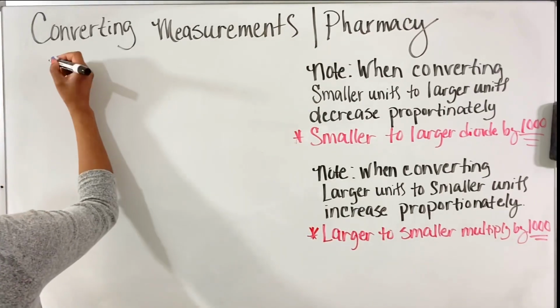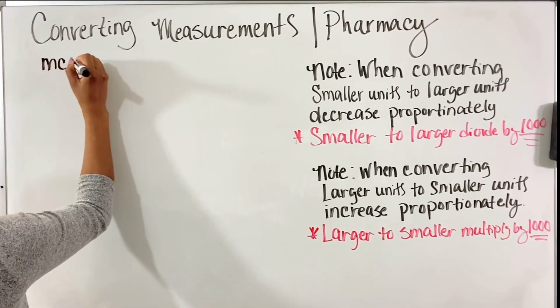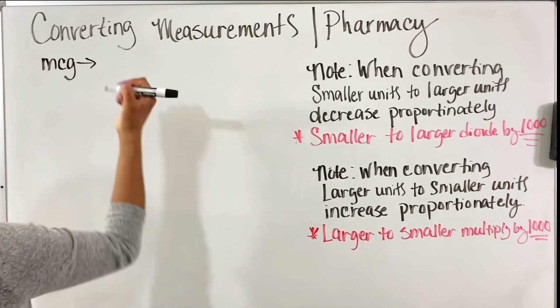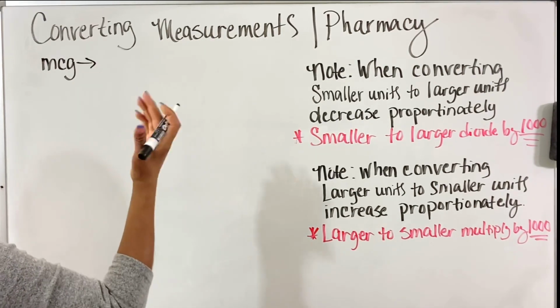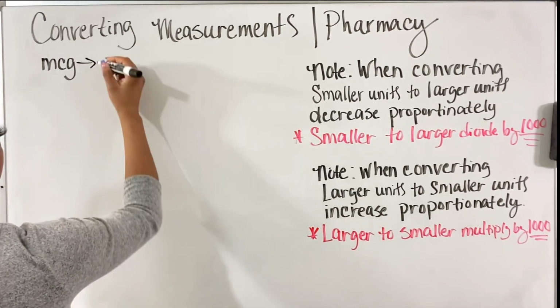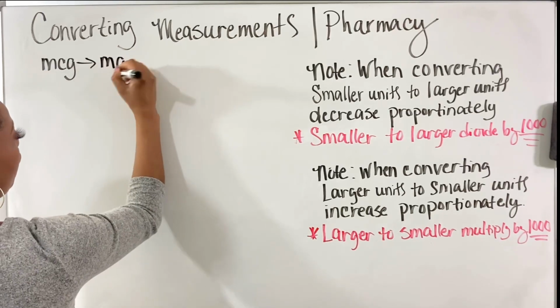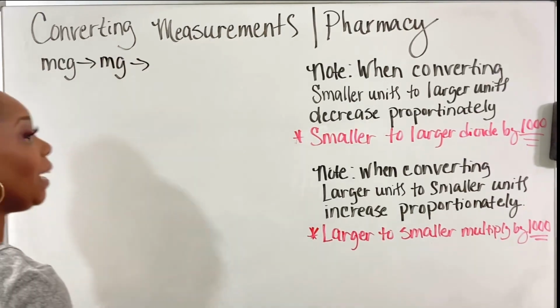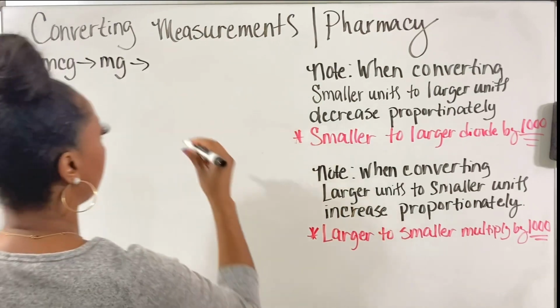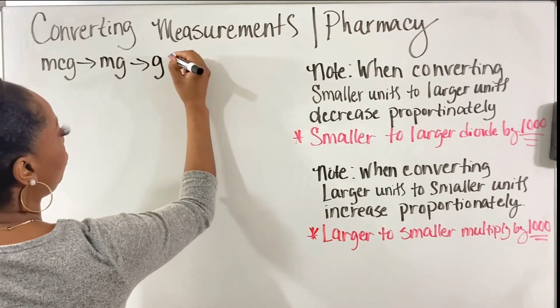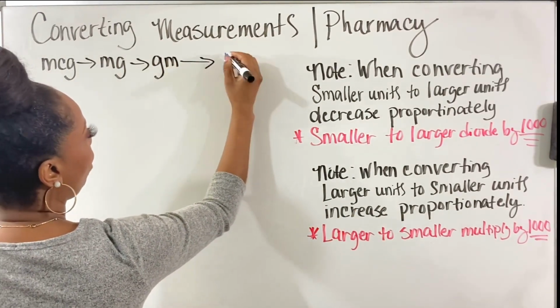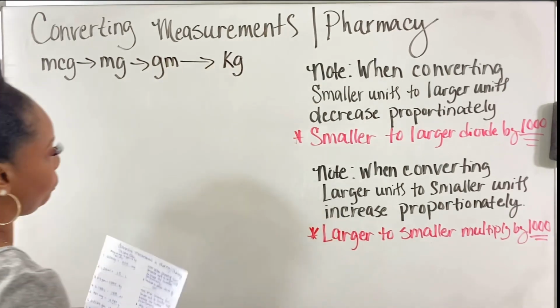And what I mean by units is, if you have micrograms, this can be tablets, this can be IV, whatever it is, milligrams, and this is the order in which they increase, okay? This is the order in which they increase. This can be grams and then also kilograms.